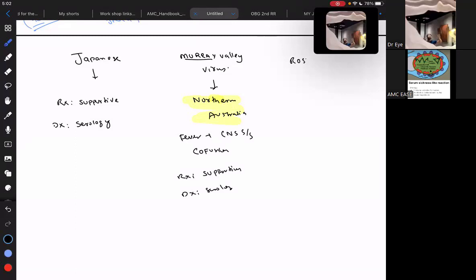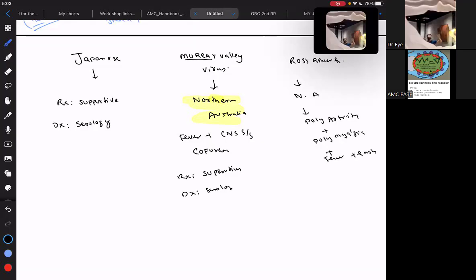Then we have Ross River, and it is again seen in northern Australia, where the patient will have polyarthritis, polymyalgia, and fever plus rash.